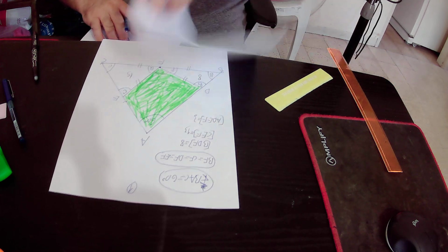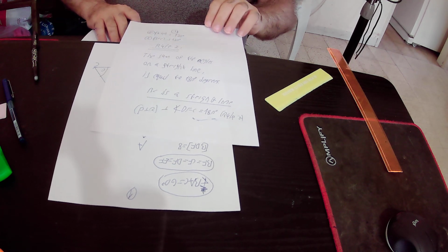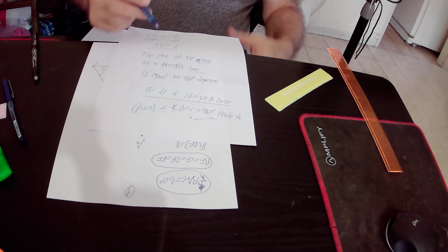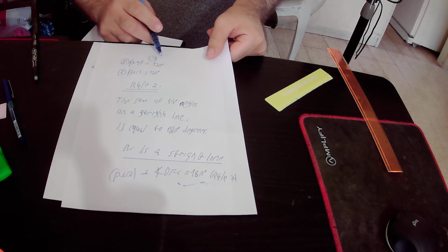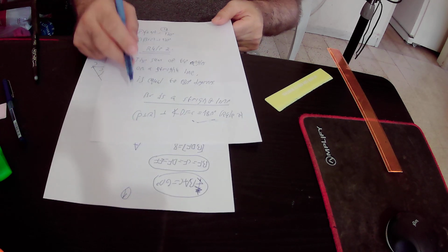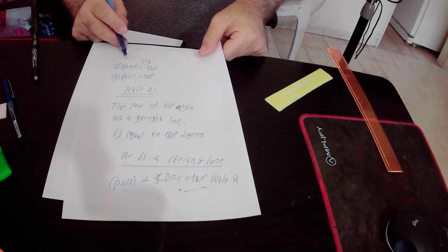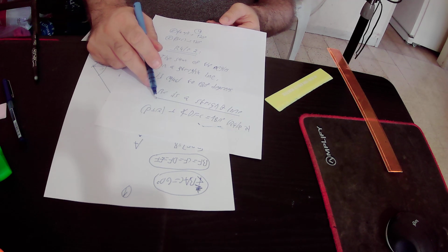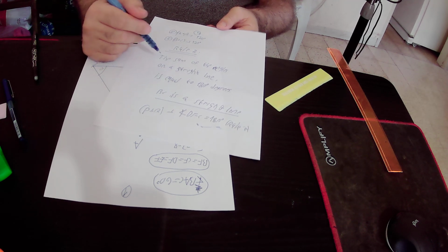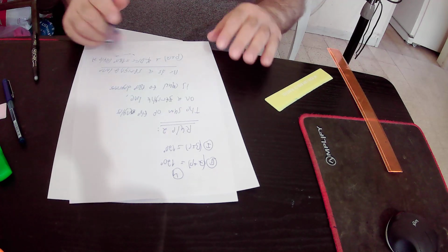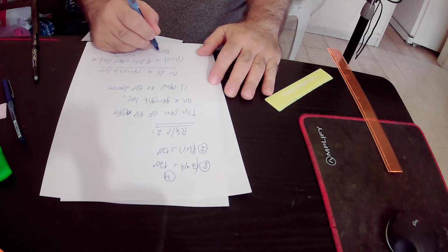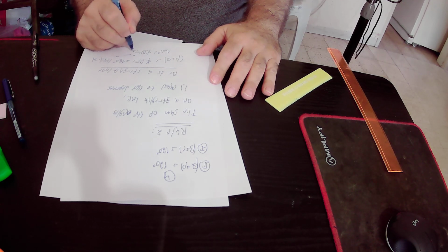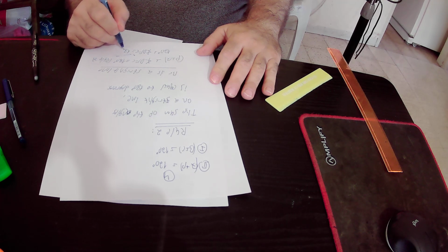So here, according to equation number 2, Q plus P equals 120 degrees. Therefore, we can substitute P plus Q by 120 degrees. So we will get that 120 degrees plus angle DFC equals 180 degrees.